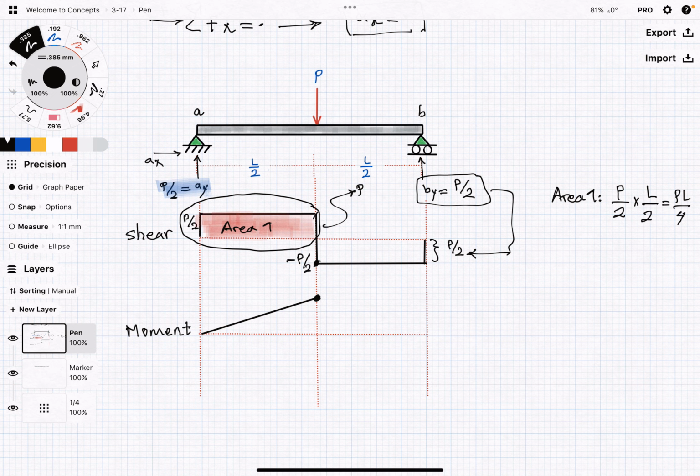In the second part, you see area is the same, but it's negative. So say area 2, it's minus P over 2 times L over 2.